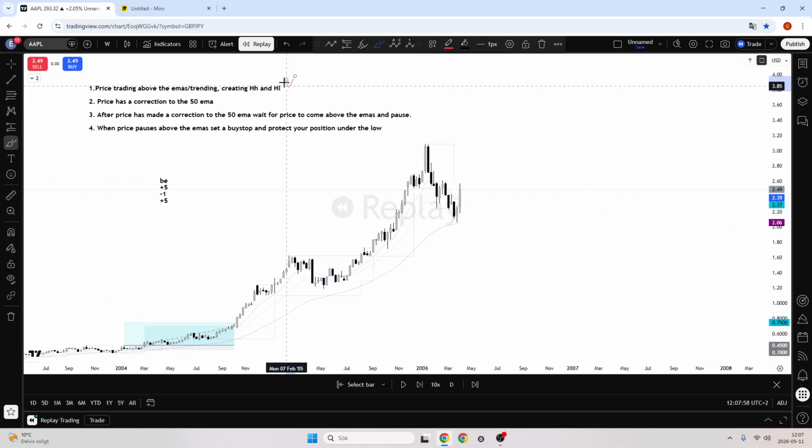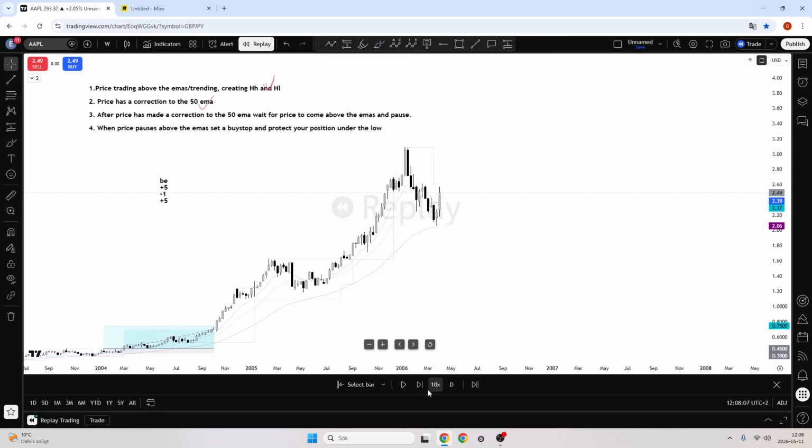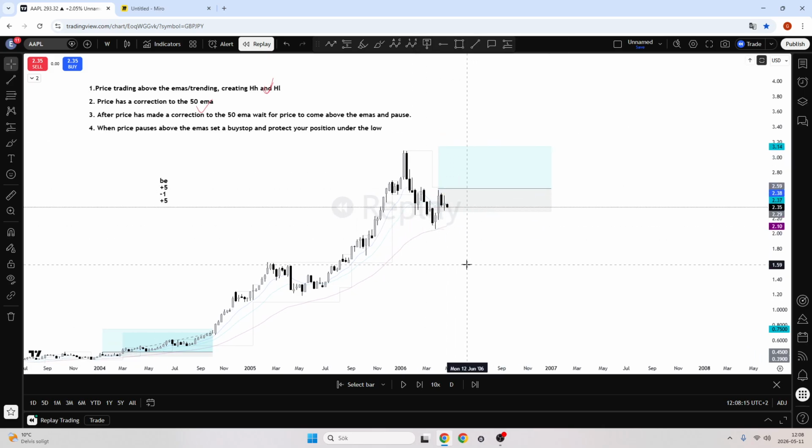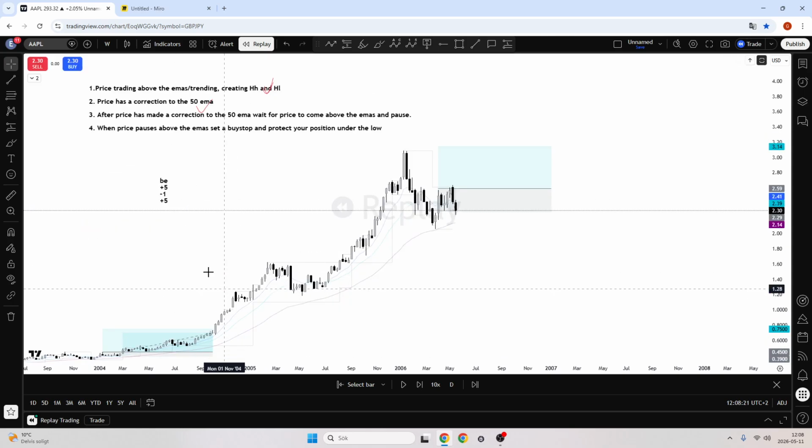We can check these boxes because price is trending and price has a correction to the 50 MA. So now we're at 3. Let's wait for a pause. I like this pause very much, so I will simply throw a buy stop there and protect under that low. Let's see if we get tapped in. We get tapped in and tapped out. Perfect.